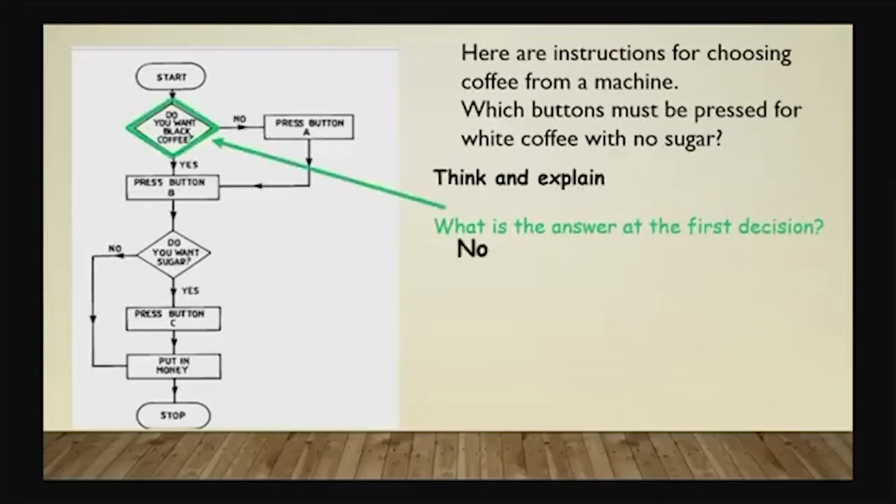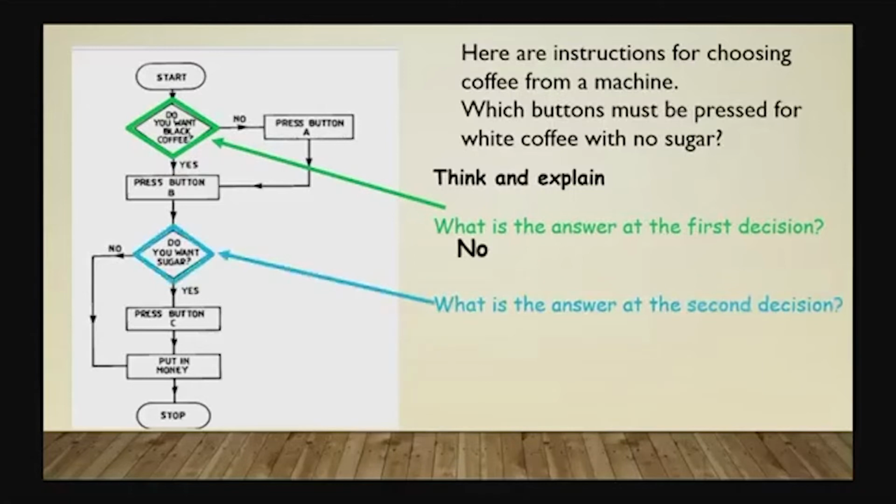So then, what's the answer to the second question? We're going down. Do you want black coffee? Should that have been yes or no? This should not have been a yes question. Okay, our answer was no.